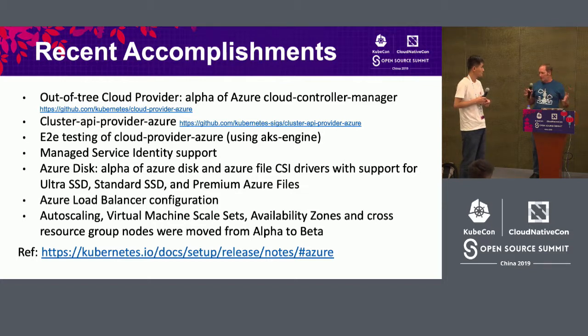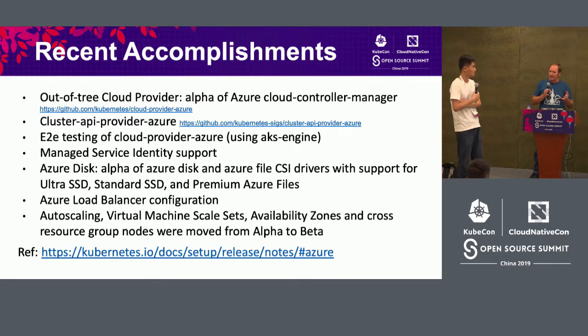It has bloated the repository. It has slowed down the ability for the cloud providers to evolve. And most importantly, it forces the release of changes to cloud provider code to be in lockstep with the release of Kubernetes.